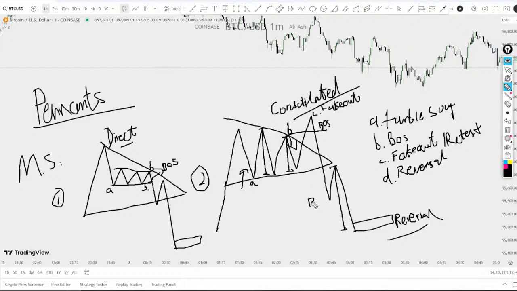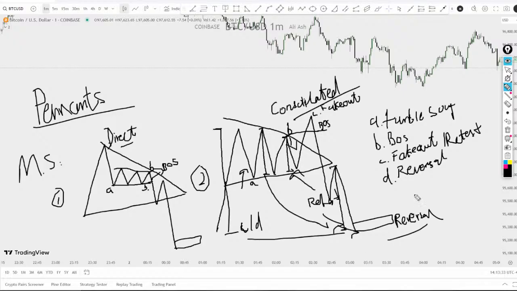For the retest, we'll be using this, and for the complete SR interchange, we'll be using this. And if the supply or demand goes double, we'll be using this one. So this is the A, this is the B, and this is finally the C, which comes with the reversal.